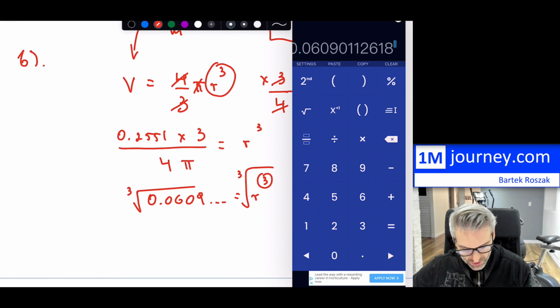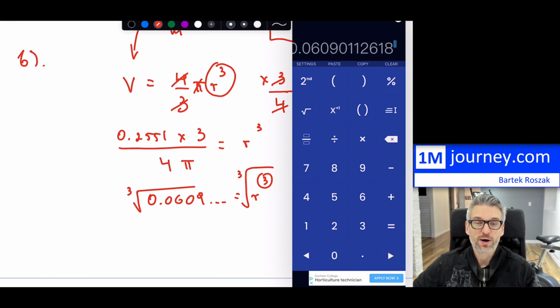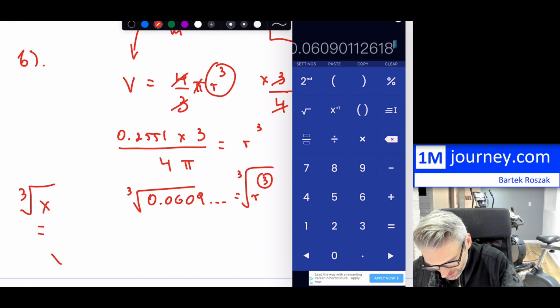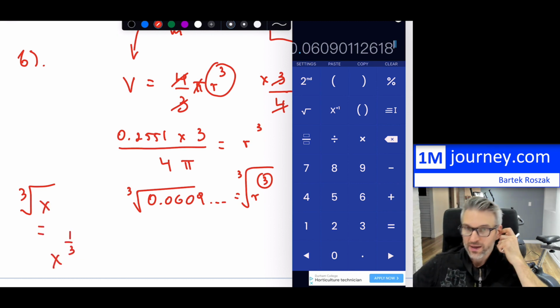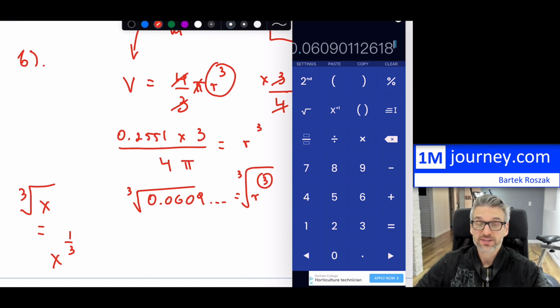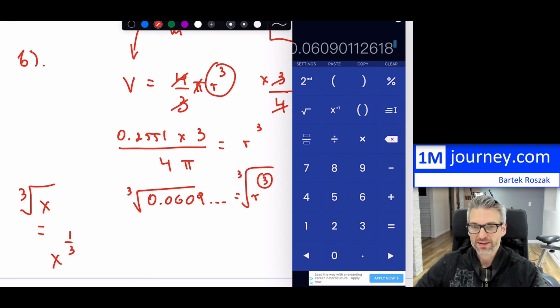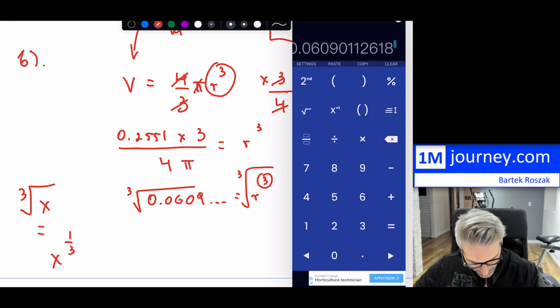An easy way to do that is to take it to the exponent of 1 over 3, which is equivalent. So the cube root of x equals the same thing as x to the 1 over 3. This is a fact of fractional exponents. I'll put up a link above if you want to see that math component. So I'm going to do that in here.